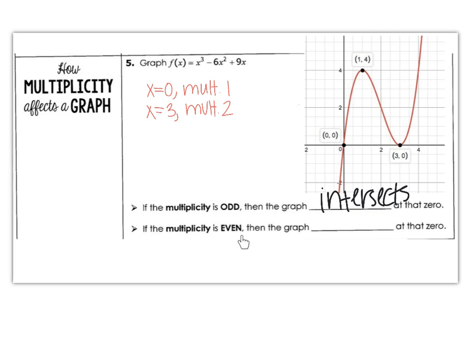When the multiplicity is even, just like this one right here, when x equals 3, multiplicity 2, we see that the graph touches the 0 and then bounces back up. So we say when multiplicity is even, the graph bounces at that 0. So this is very important for us. This is how multiplicity affects a graph. That's why it's very important to identify the multiplicity of a 0.